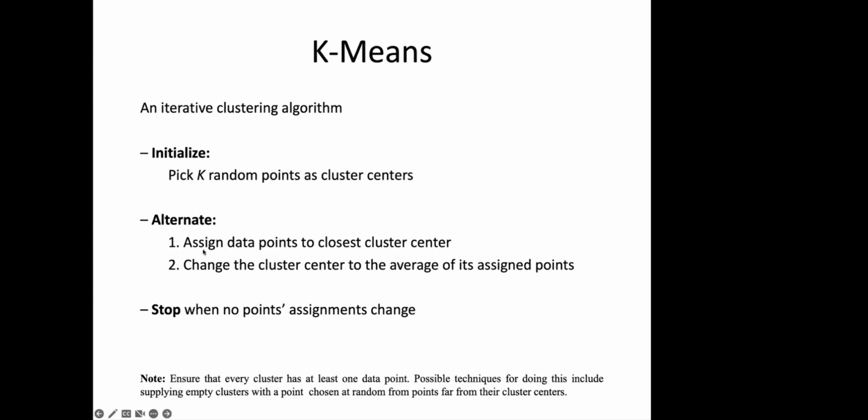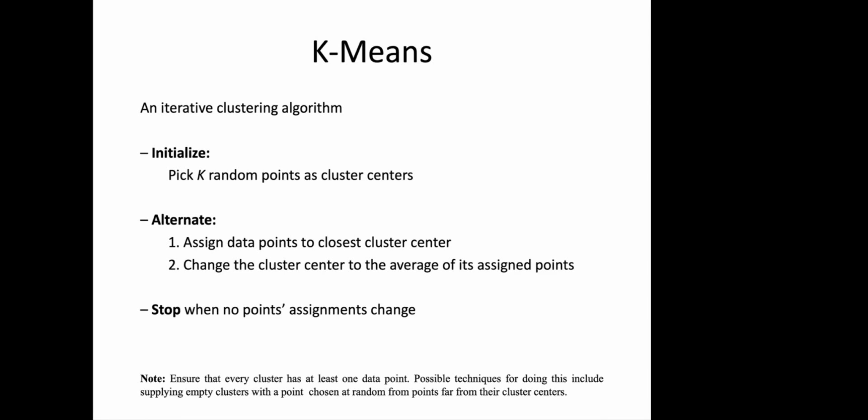Step number 1, you assign all the data points to the closest cluster center, which basically means you take your points in your data set, you measure the distance between your points and the k random cluster centers that you've chosen before, and then you assign that point to the closest cluster center, okay? In this way, you have created a partition of the input data into k different clusters.